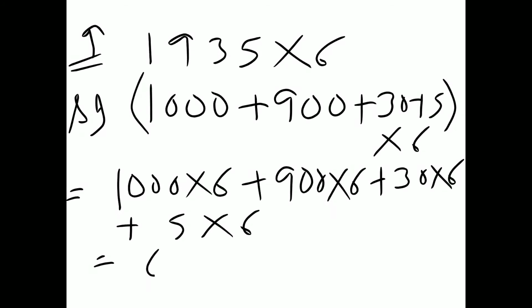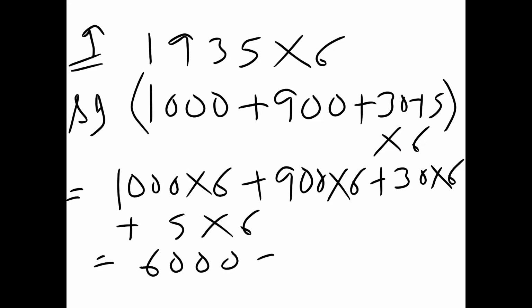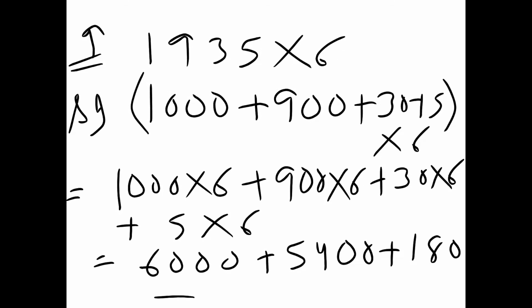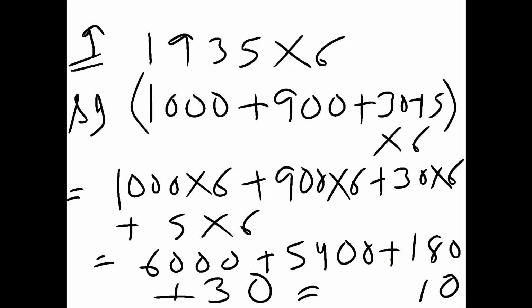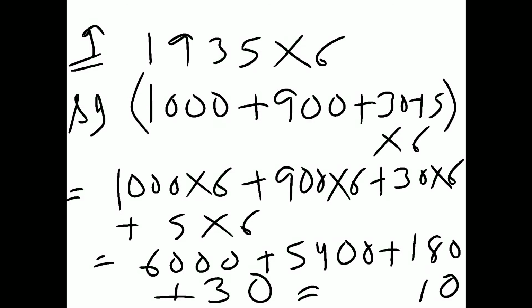All parts are same. 6000 plus 9 6s are 5400 plus 180 plus 5 6s are 30. Add them. Answer will be 0. 8 plus 3, 11. Then 2. 2 plus 4 is 6. Then 5 plus 6 is 11. Answer is 11610. Clear?